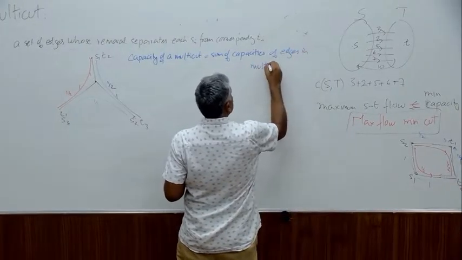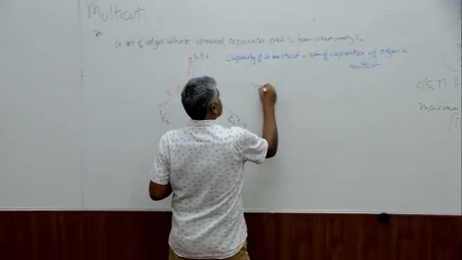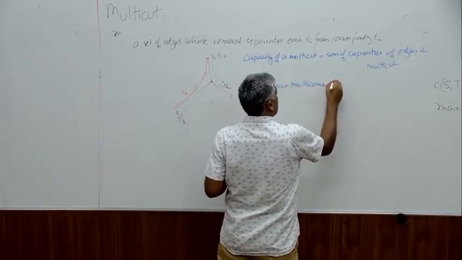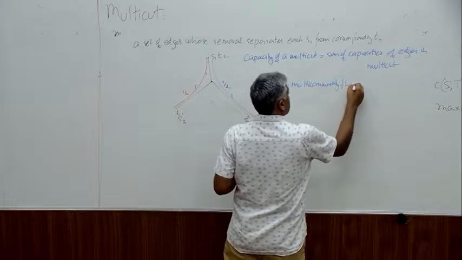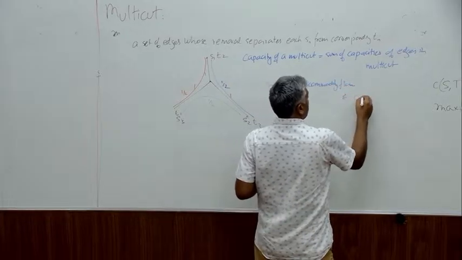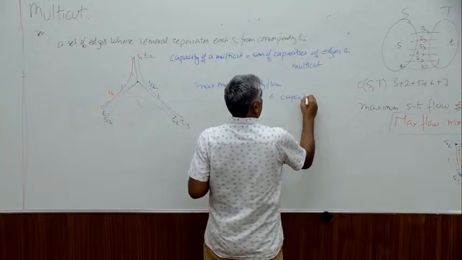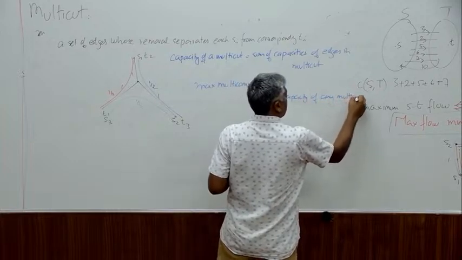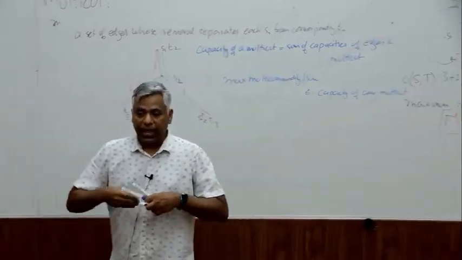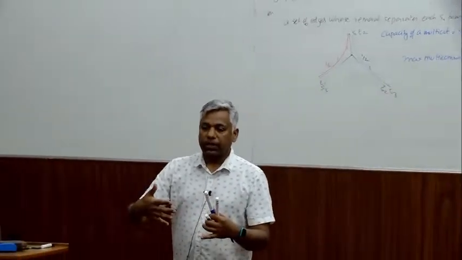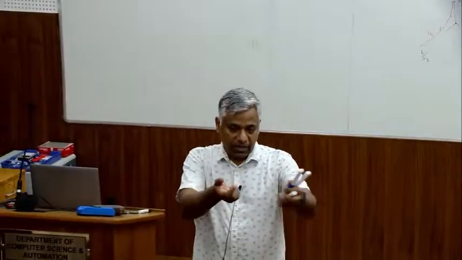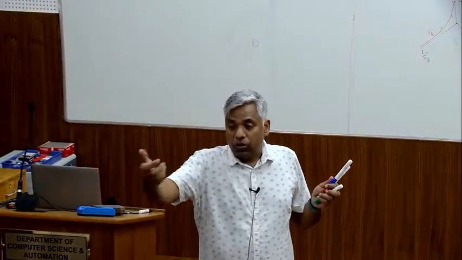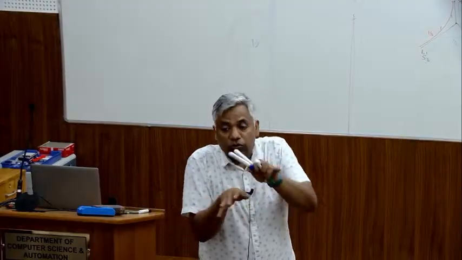And so it should be clear that maximum multi-commodity flow is less than or equal to the capacity of any multi-cut. Why? Because the multi-cut acts as a bottleneck. If there are some edges whose removal can disconnect every pair, then every flow between S1 and T1 has to go over those edges.